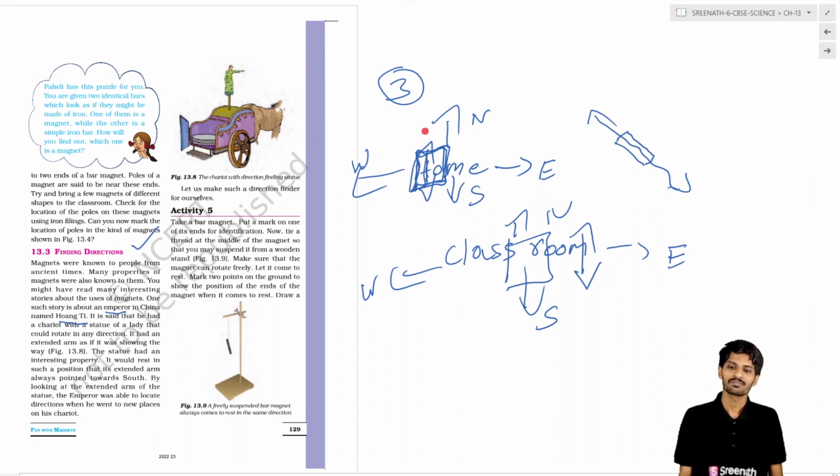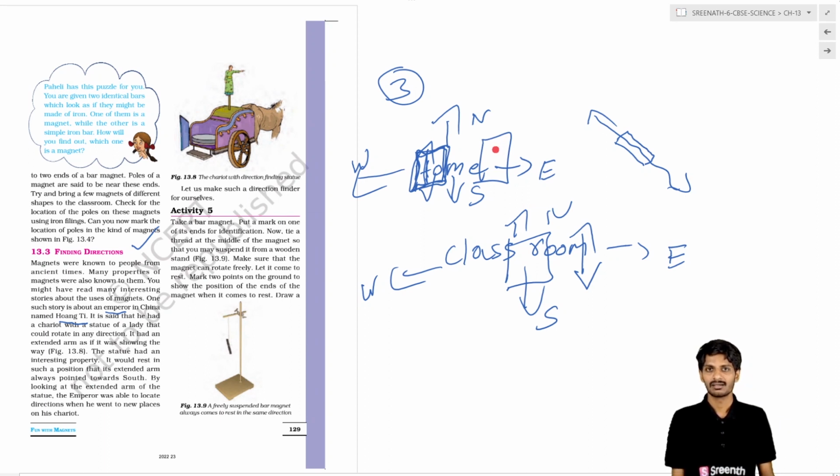Then what you have to do, you have to mark the ends. Basically this is the north side of your home, so the end which is in the north direction, you have to mark it as N, or mark it with some color. Then your bar magnet is like that.